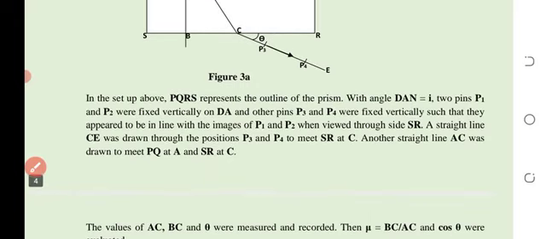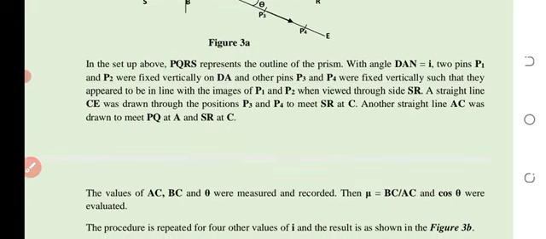In this setup above, PQRS represents the outline of the prism with angle DAN equal to I, that is the incident angle. We fix 2 pins on the incident ray, and the image will trace through the glass prism. If you are familiar with rectangular glass prism, you will know what we are talking about here.